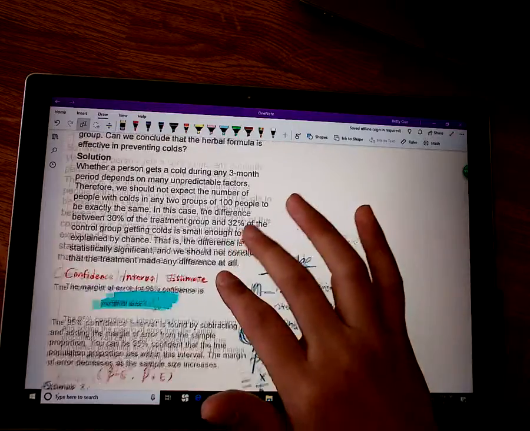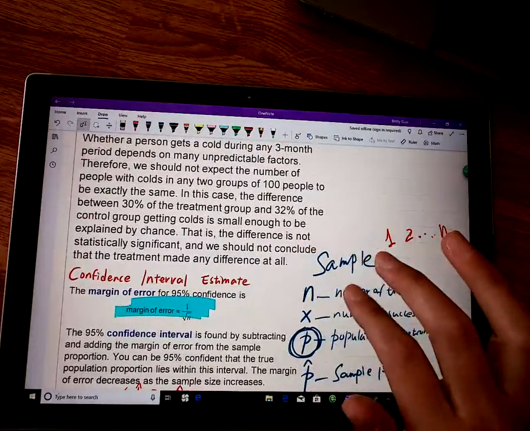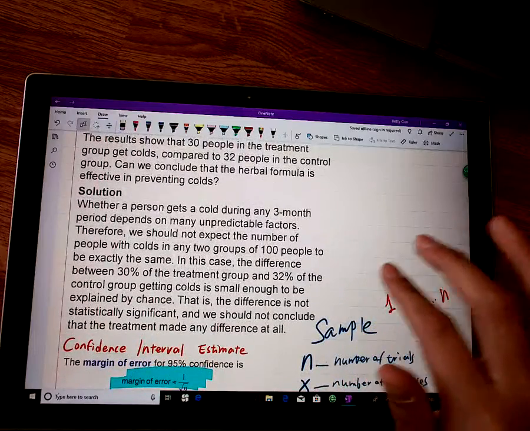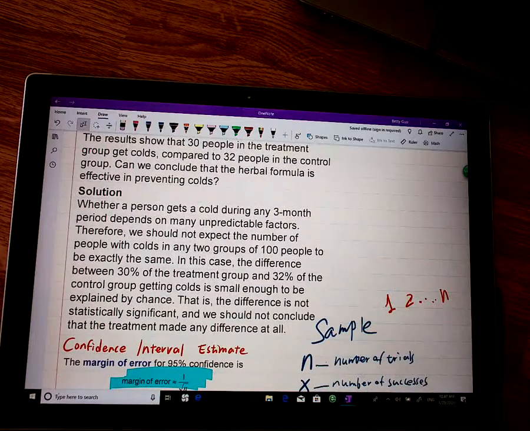So let's see the solution. Whether a person gets a cold during any 3-month period depends on many unpredictable factors. Therefore, we should not expect the number of people with colds in any two groups of 100 people to be exactly the same.